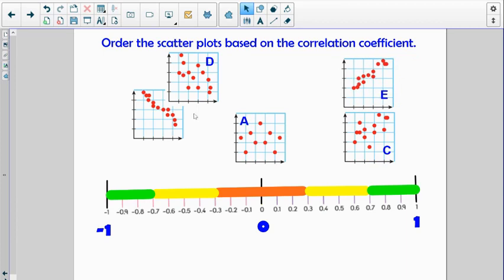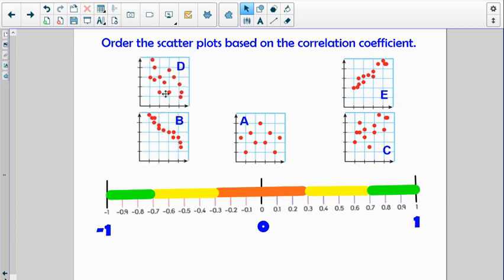So now we have to compare the two that were a negative correlation. Which one has a stronger relationship? Which one looks more predictable? Well, scatter plot B definitely looks more predictable because look at those points. They all line up nicely. It's not perfect, but they line up way better than D. Scatter plot D, the points are much more spread out.